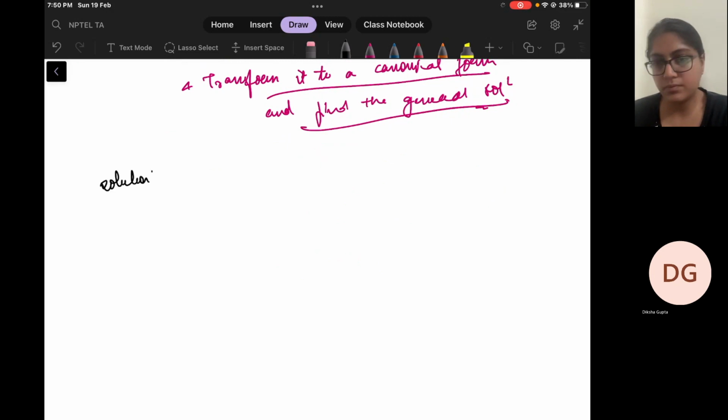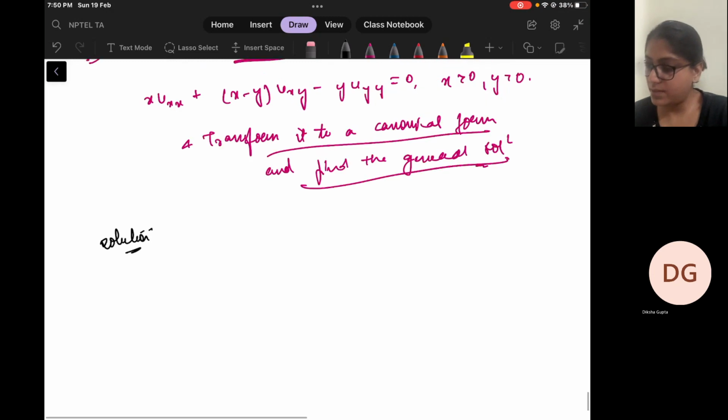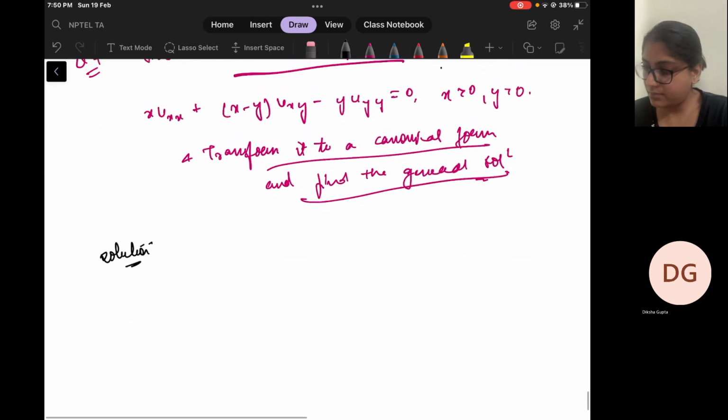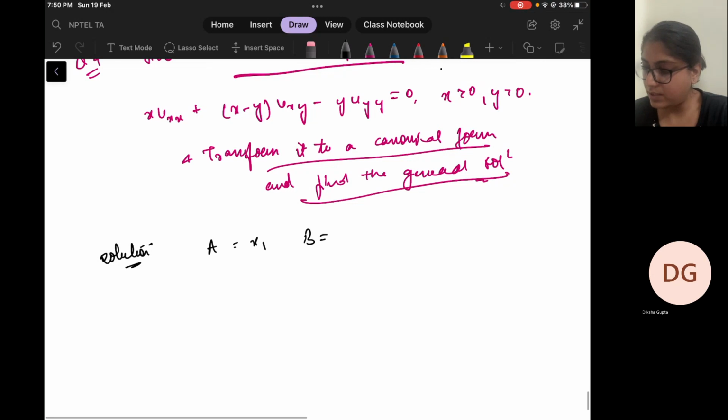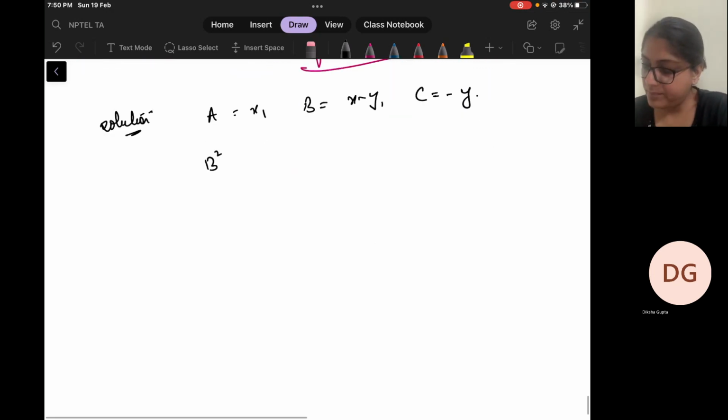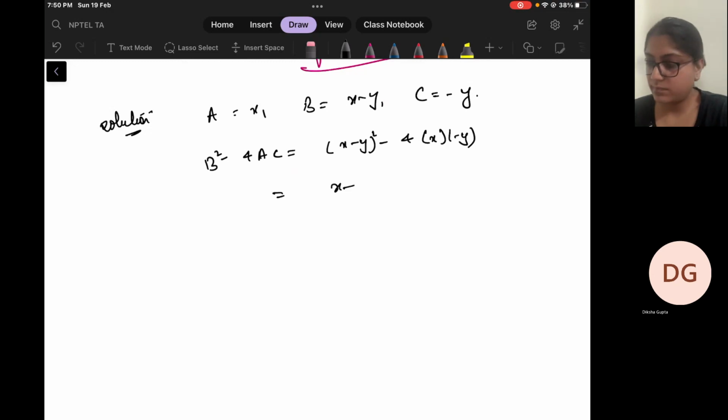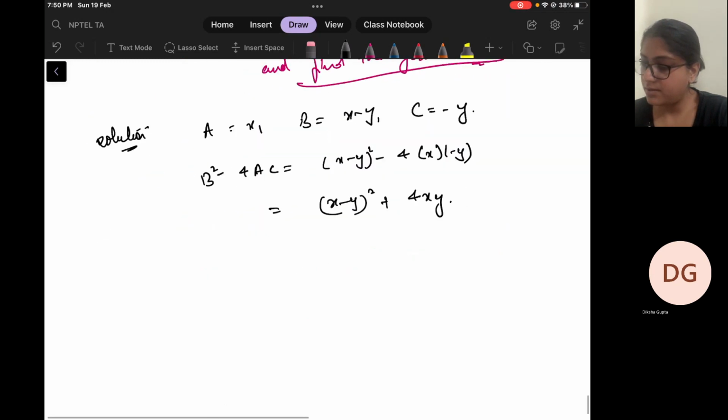So the solution is, so see that here what we have is a is equal to x, b is equal to x minus y, c is equal to minus y. B square minus 4ac is positive, and see that we have been given x and y to be greater than 0.